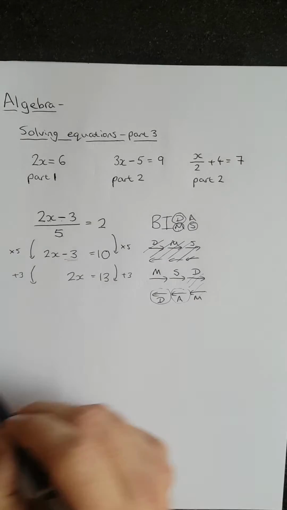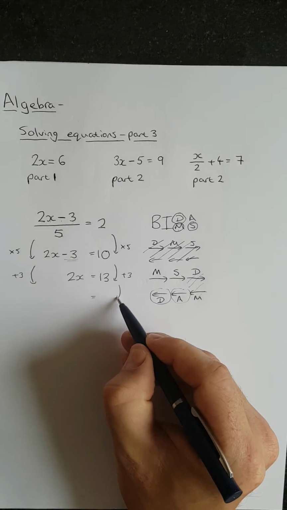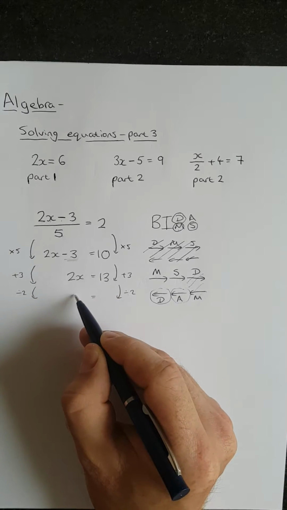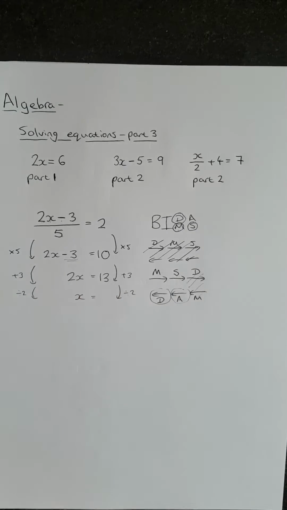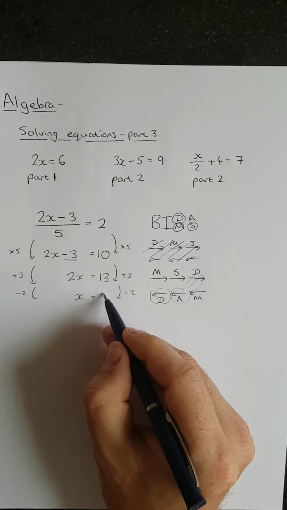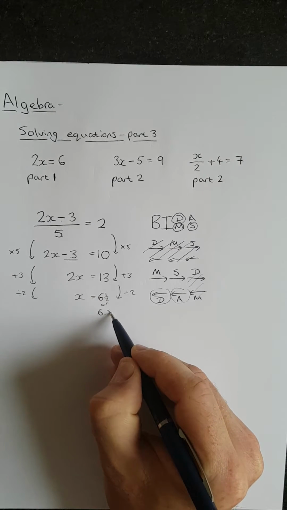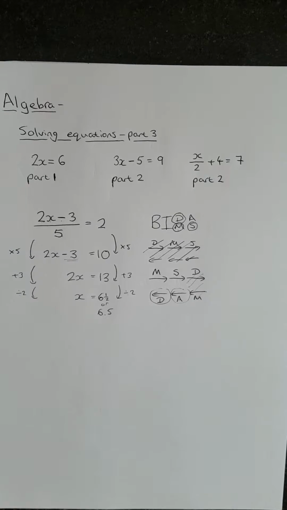The last step is to divide, which will take me back to my x, and in this case will give me 6.5. The important part of this question is the first step to here.